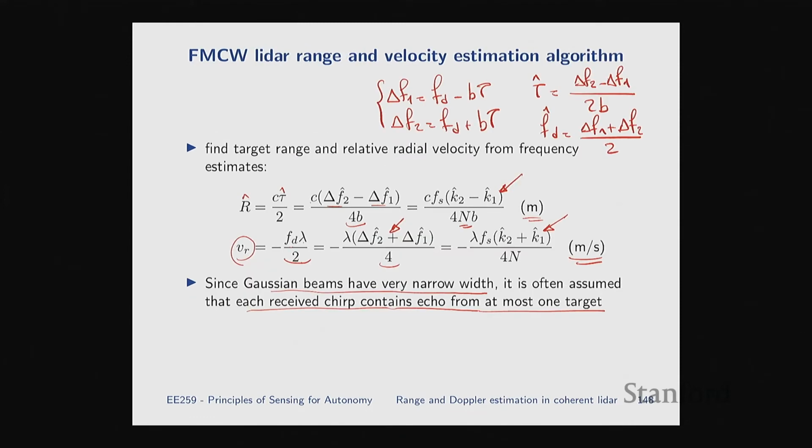Another way to think about it is, if your R is given, for instance, by this expression, the minimum discrimination in range is when, for two different targets, k hat 2 minus k hat 1 is equal to 1. And that means the two targets are just one FFT bin away from each other.